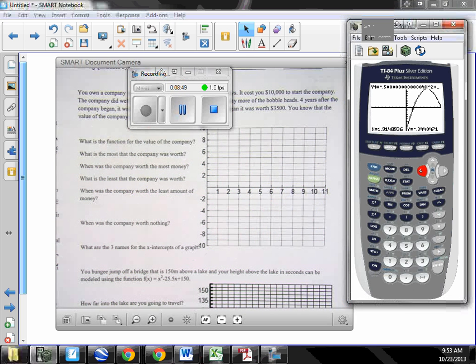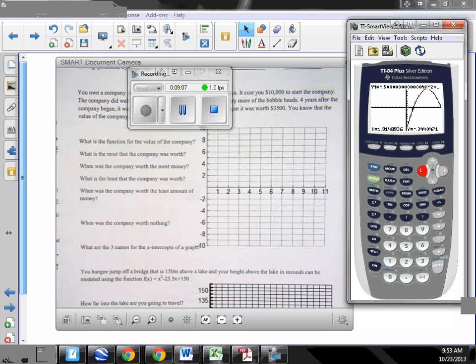Because it only moves 1 pixel at a time, and those pixels very rarely actually hit the x-axis. So never use trace. You'll be close, but you won't be right. Well, and you might have been lucky, but it won't always happen.